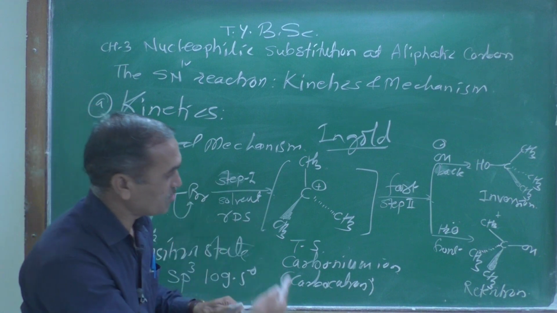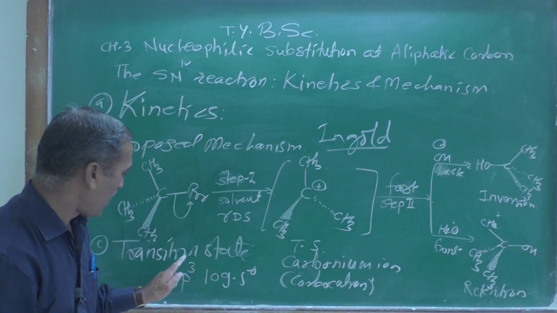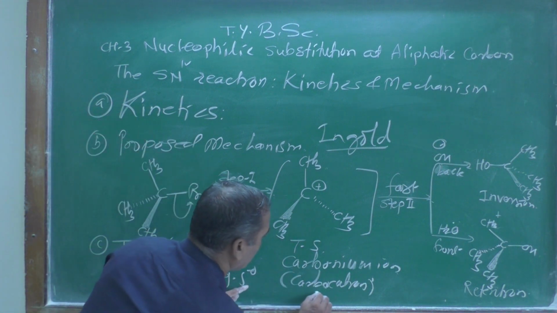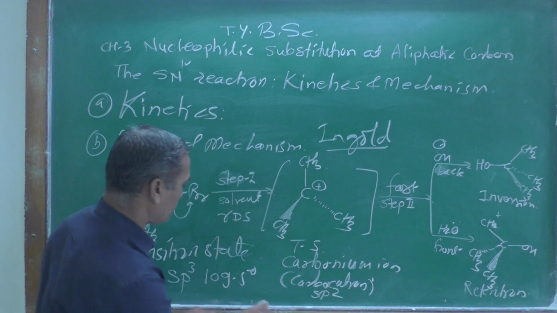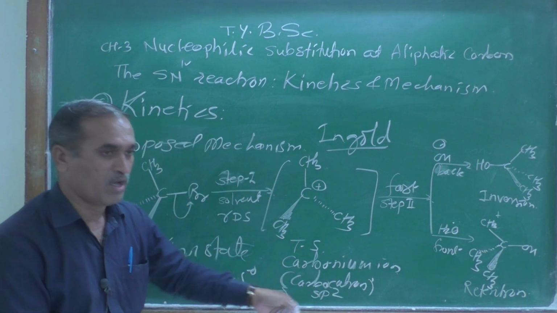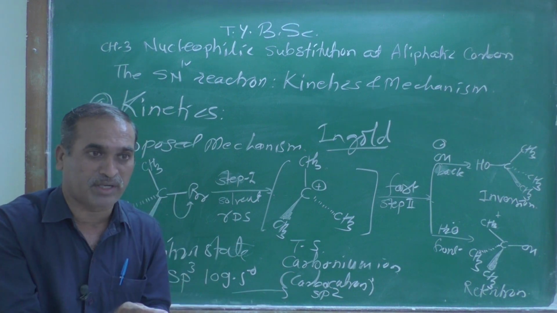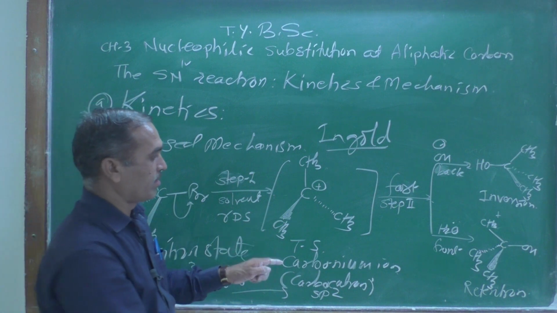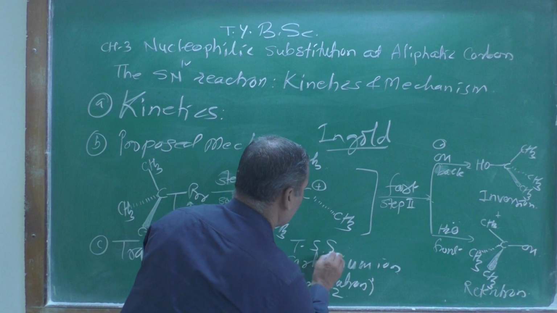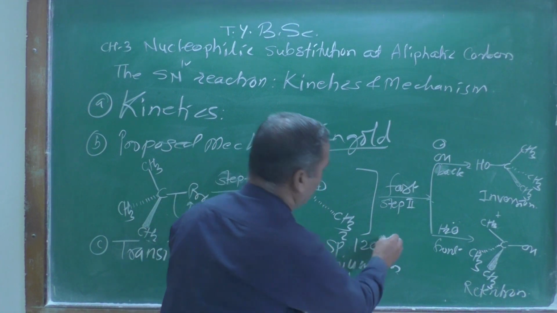When the transition state is formed, the hybridization changes from sp3 to sp2. We know sp2 has a trigonal planar geometry, and its bond angle is 120 degree.